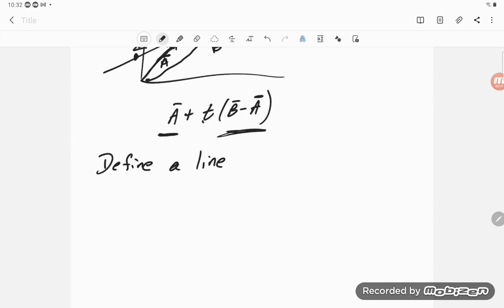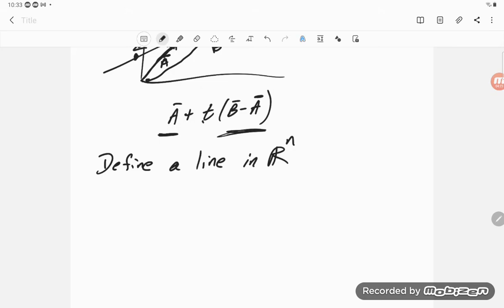Now, they say in E3, it's the set of all points satisfying this, so I don't really know why they went to E3. I would just say a line in Rn in general.